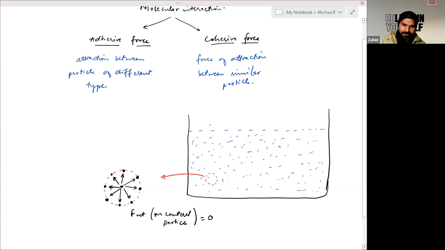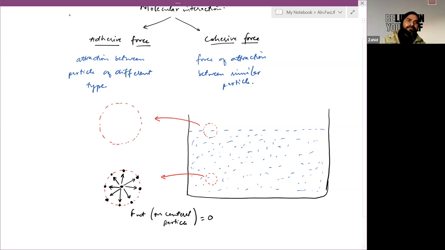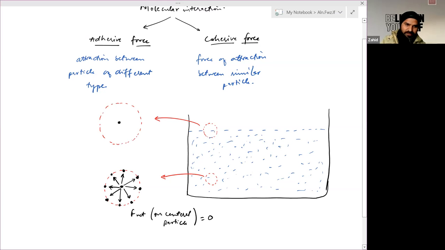Now, suppose I consider a segment at this point on the top surface. There will be a particle at this surface and another neighboring particle.